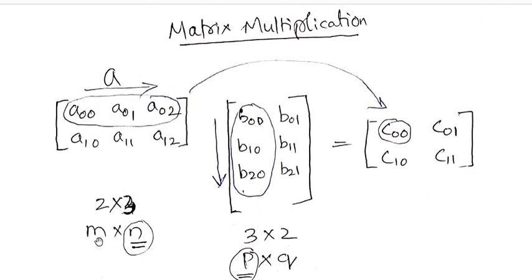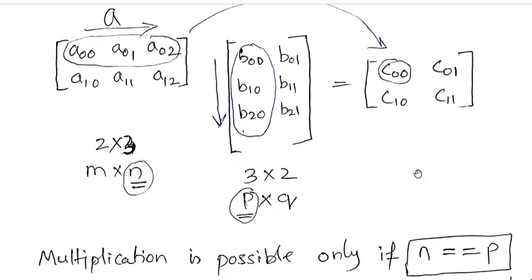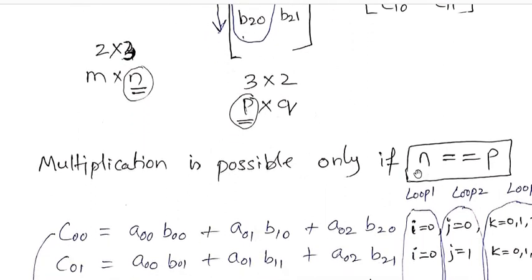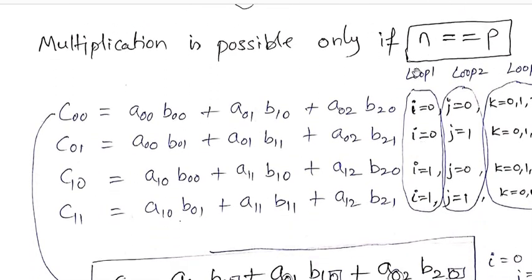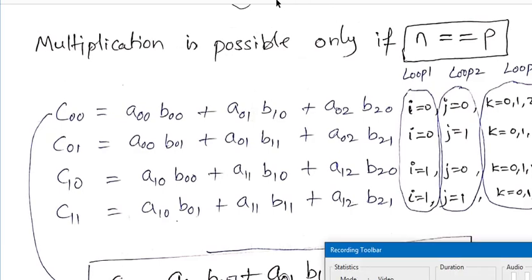That is, we end up with an M into Q matrix. Whenever we multiply an M into N matrix with a P into Q matrix, we end up with an M into Q matrix. So that equation I have given. You can see multiplication is possible only if N, the number of columns of the first matrix, is equal to the number of rows of the second matrix.